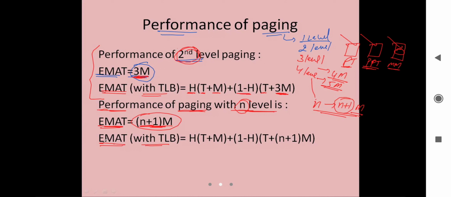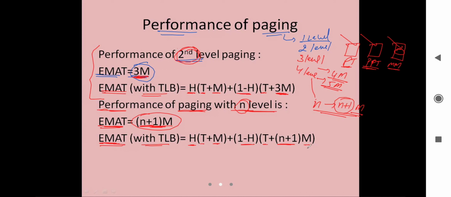With TLB it is the hit ratio, then TLB access time T plus main memory access time, plus 1 minus H, that is the miss ratio, then TLB access time T and n plus 1 times the main memory access time.